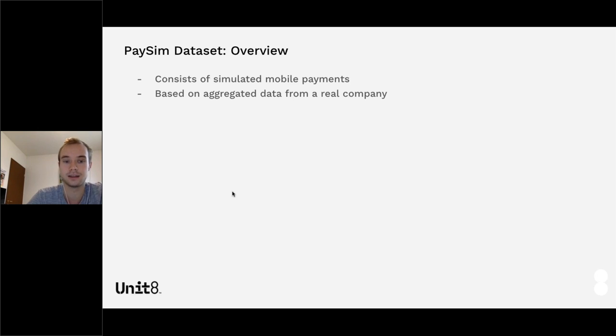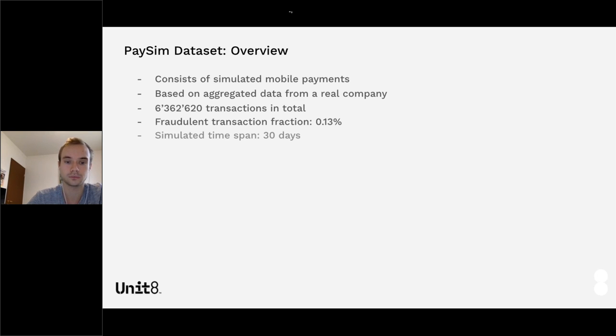This data set is based on aggregated data from a real company, so hopefully it should reflect the real case. It consists of more than 6 million transactions in total, and the fraction of fraudulent transactions here is 0.13%. The simulated time span is 30 days.